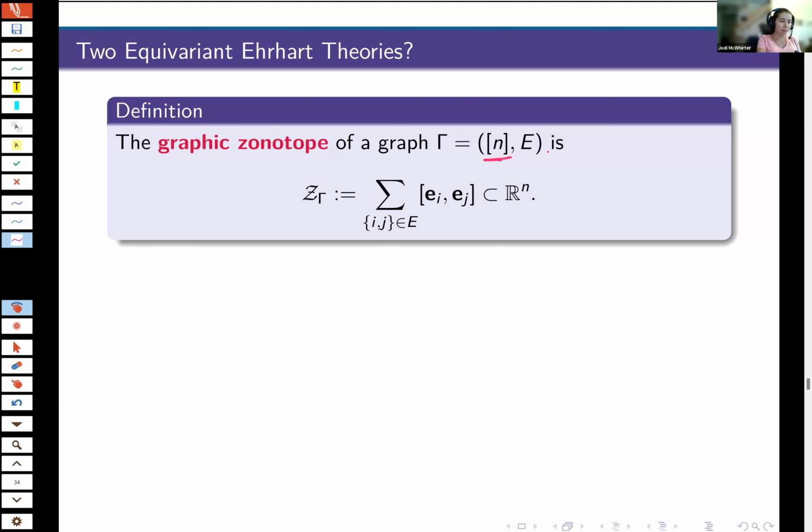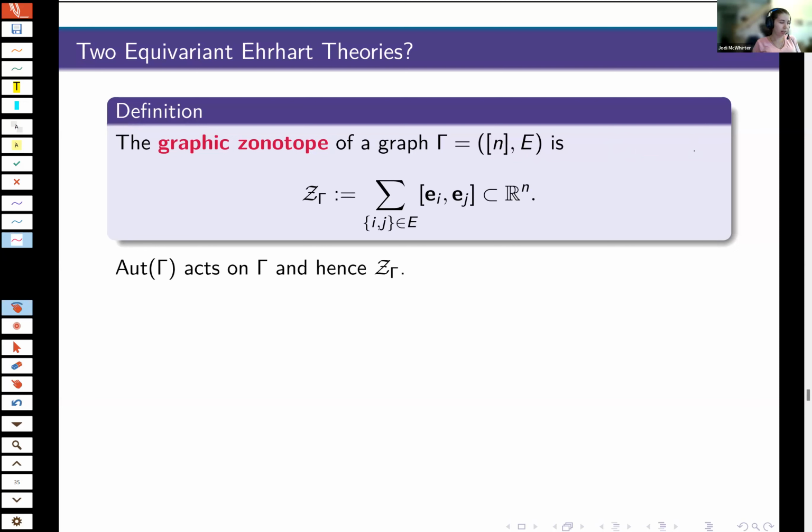Then you put edges between those. If I have an edge between nodes 1 and 2, then the contribution to my graphic zonotope is going to be the standard basis vector e1, the standard basis vector e2, and the line segment between those two.